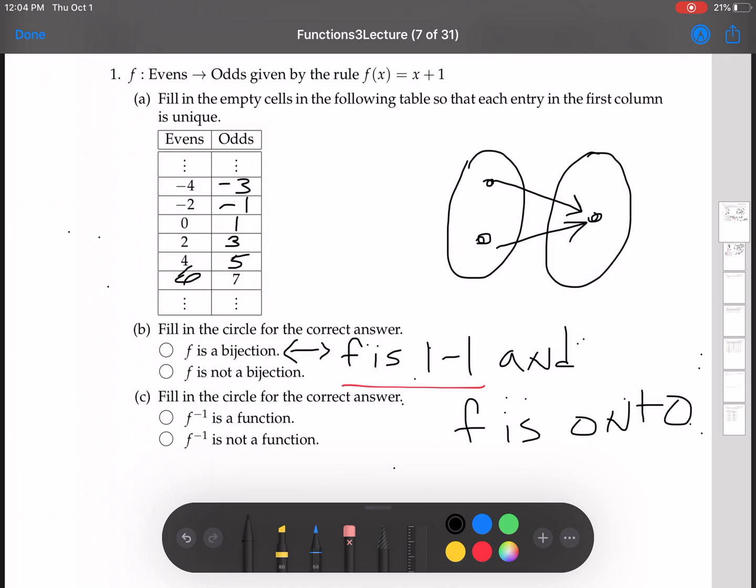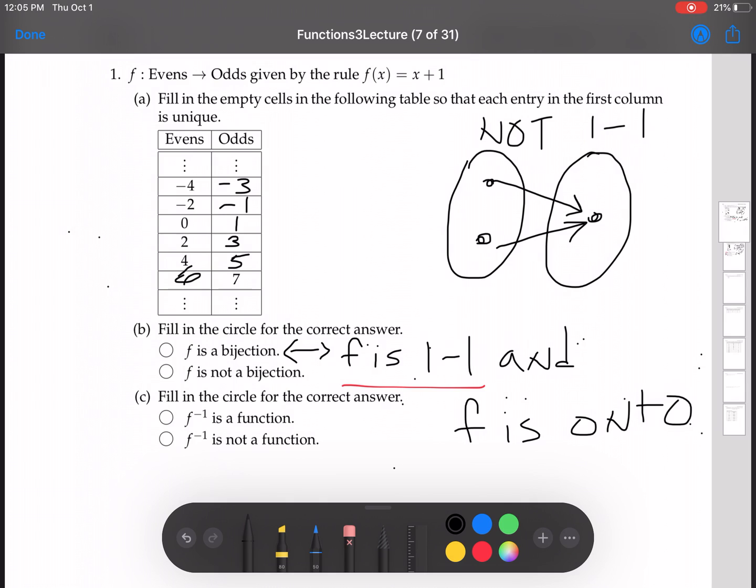Then it's not 1 to 1. And that's really all I want you to remember about 1 to 1: I want you to be able to draw this picture, to remember what not 1 to 1 means. Not 1 to 1 means that you have two inputs that go to the same output.